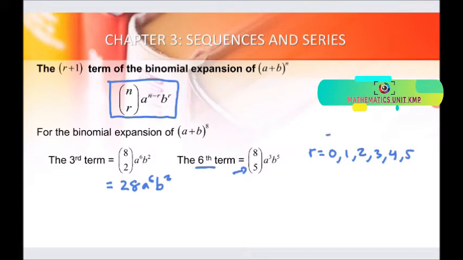So the sixth term, T1, T2, T3, T4, T5, and T6. So r is going to be 5 here. Now let's find 8C5. So it's equal to 56 a to the power of 3, b to the power of 5.